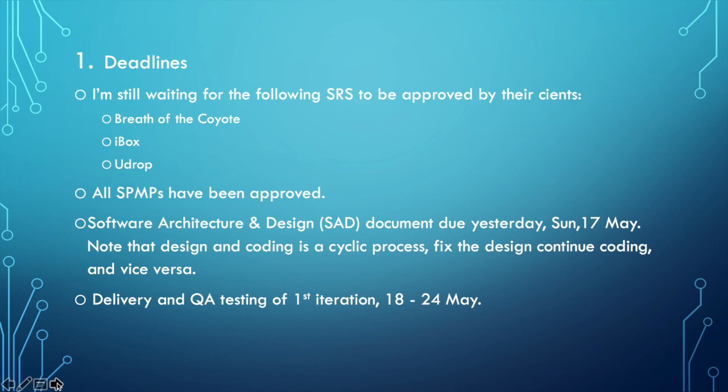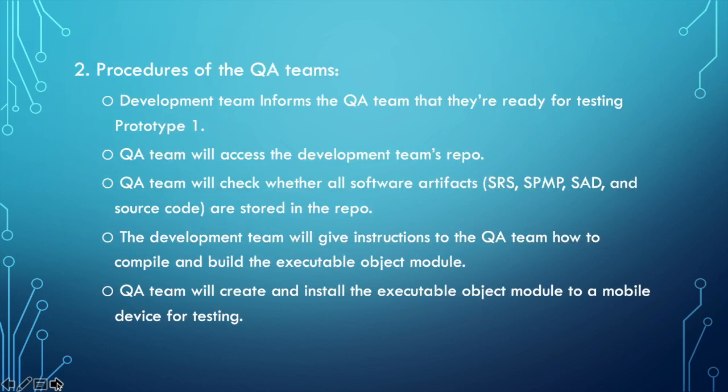Okay. The delivery of the first iteration and QA testing will occur this week, 18th up to the 24th. So you will have to do this online with the QA testing, and we have looked at the procedures of the QA team.